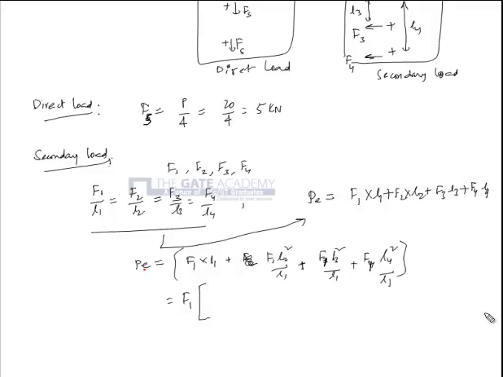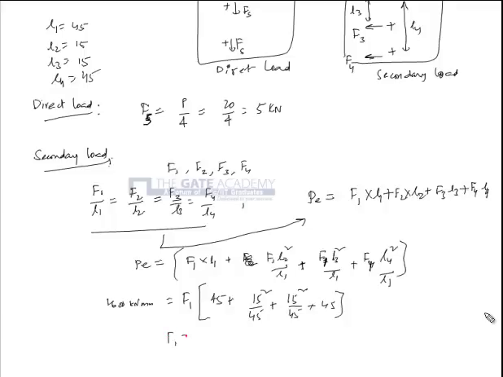Let's write down the distances, which you can see easily from the given geometry. L1 is 45, L2 is 15, L3 is 15, and L4 is again 45. With P E as 1600 kilonewton mm, F1 comes out to be 16 kilonewton.